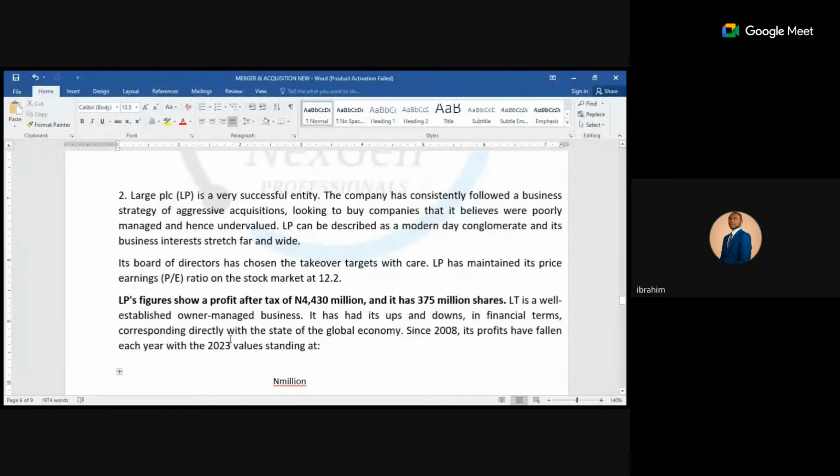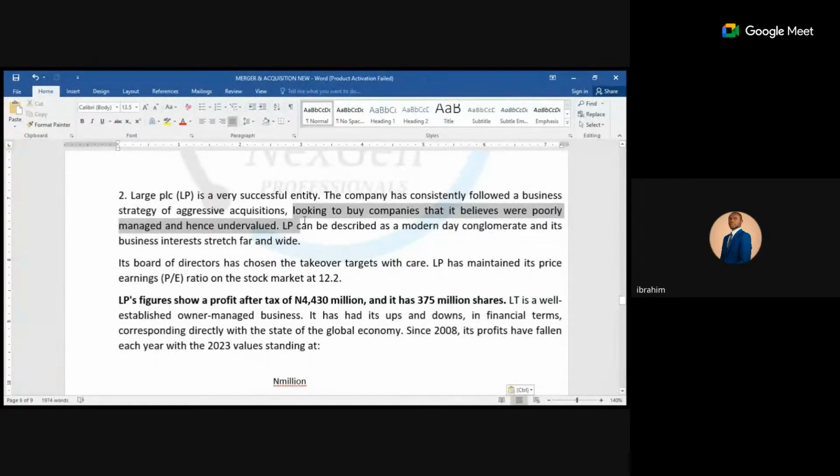Now, LP is a very successful entity. The company has consistently followed a business strategy of aggressive acquisitions, looking to buy companies that it believes were poorly managed and hence undervalued.